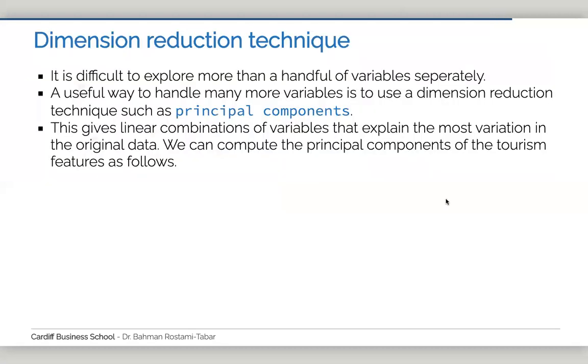So that's why, if you have many time series and many features, one way to do it is to use dimension reduction techniques. Again, this is something I haven't used in the past, so I'm not very familiar with it. But there is a reference in the chapter. If you want to know more about this, you can go and read it.